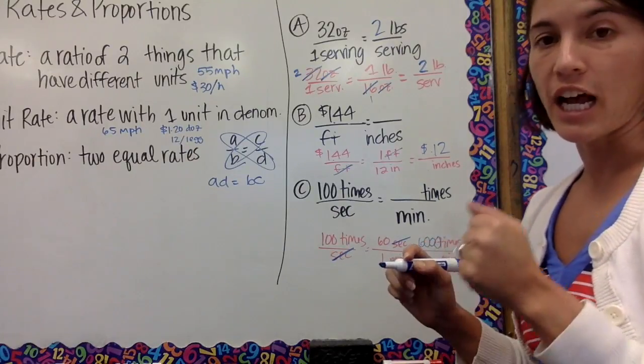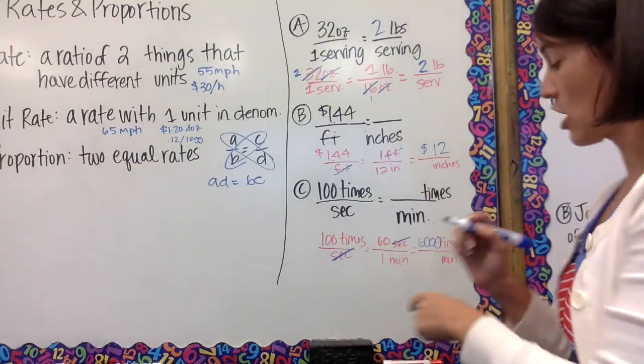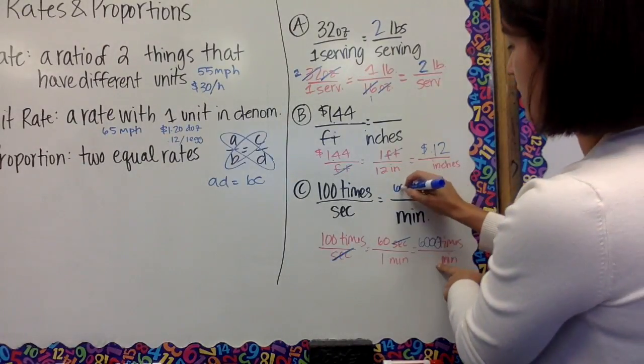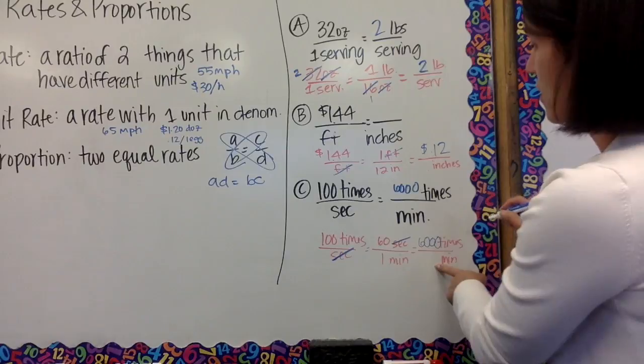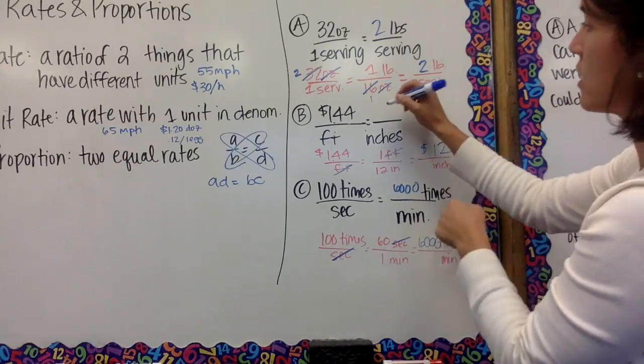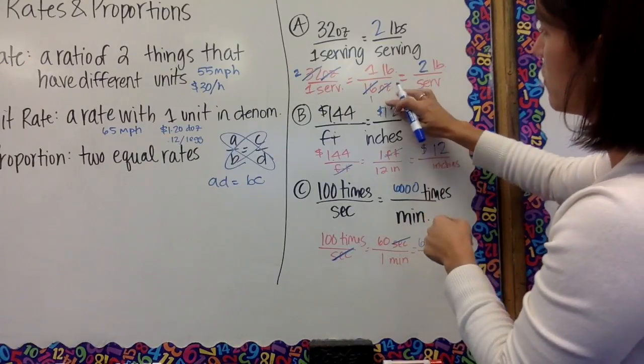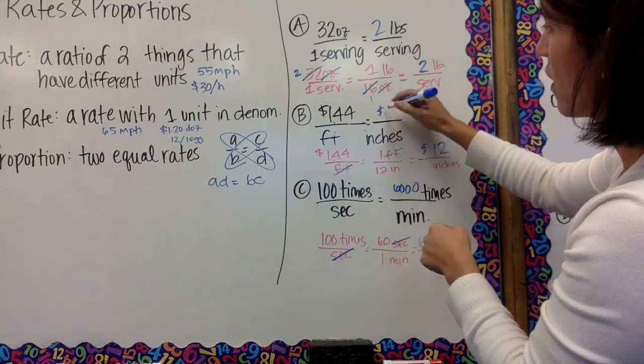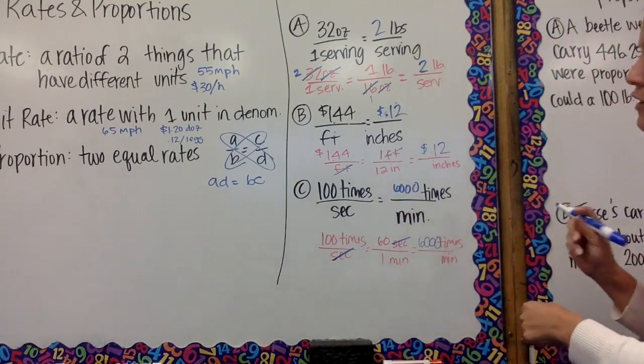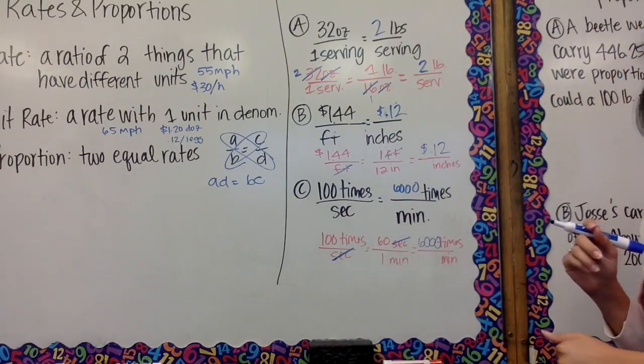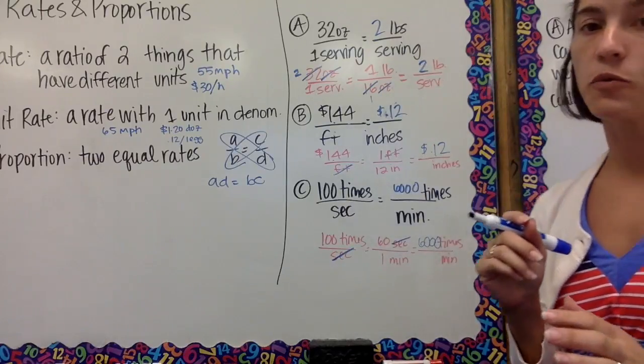If it can rotate 100 times in 1 second, it's going to move 6,000 times per minute. Oh, and this is not 1.2, it's 12 cents for every inch, and 6,000 times. So these are using equivalent rates.